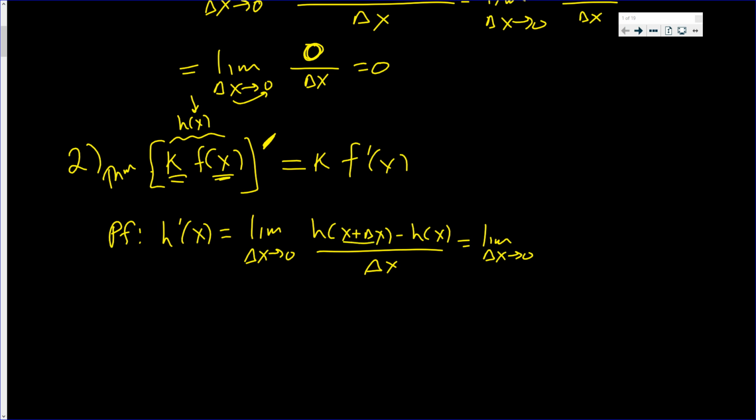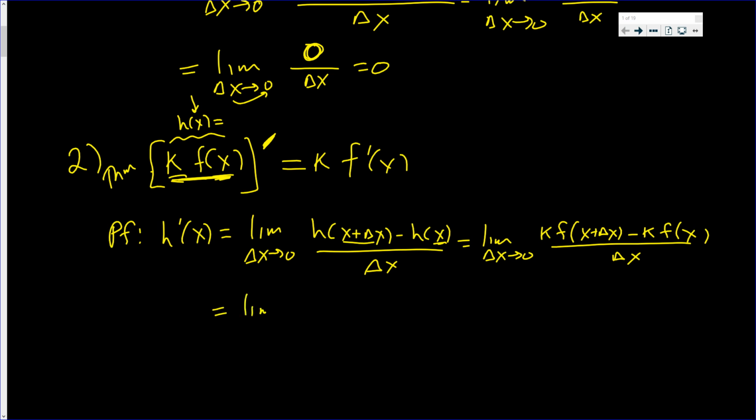So h of this will be k times f of that, minus h of x, which is k times f of x. This all gets divided by delta x.